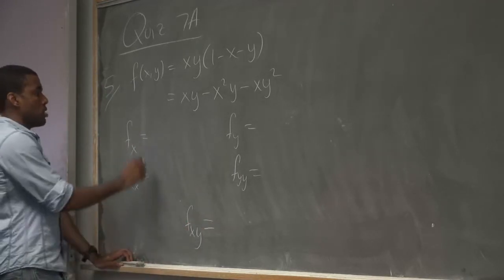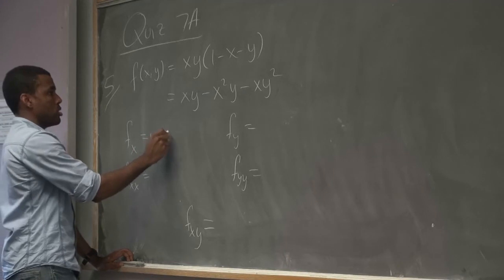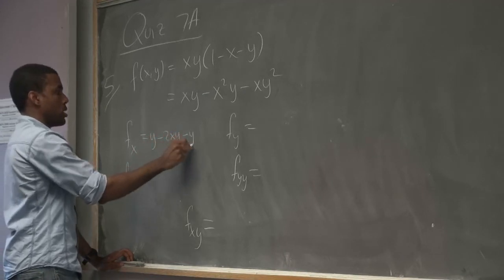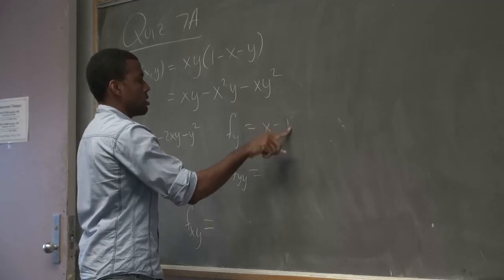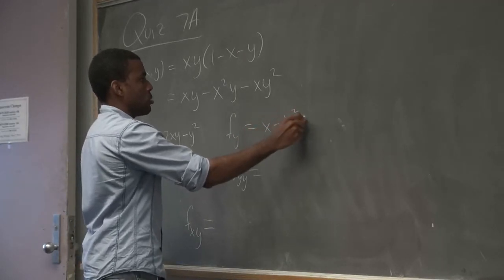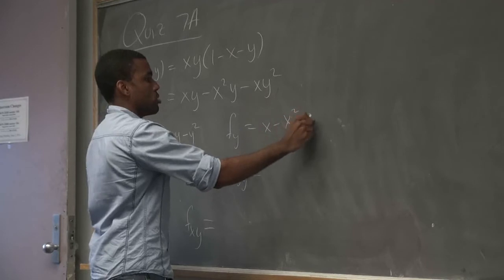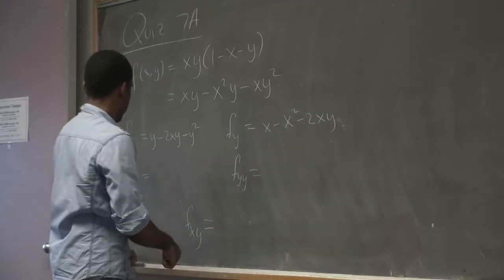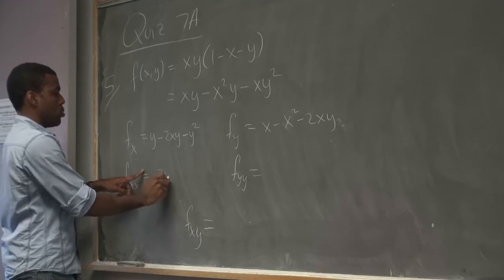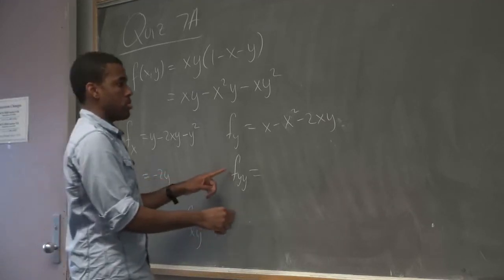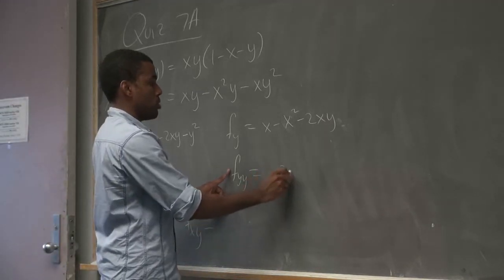So fx was y minus 2xy minus y squared. fy was x minus x squared minus 2xy. Taking this with respect to x, you have minus 2y. Taking this with respect to y, you have minus 2x.